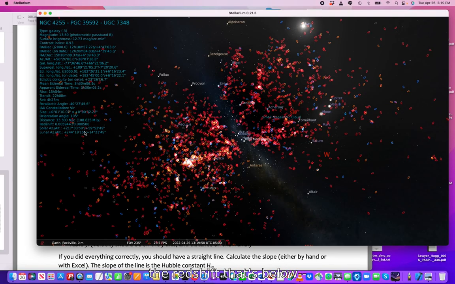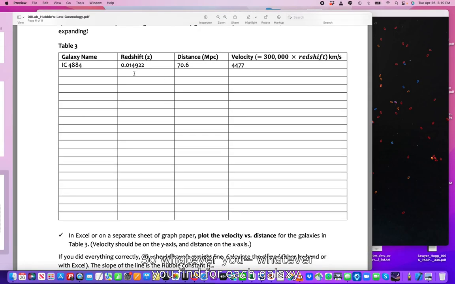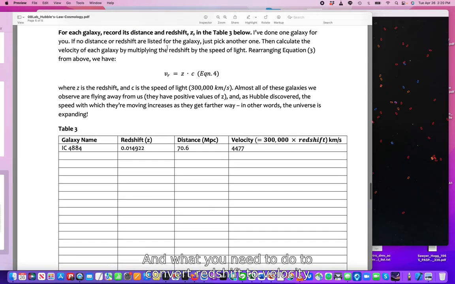That's typically below the distance right here. So whatever you find for each galaxy, write the redshift here. And what you need to do to convert redshift to velocity is to use this formula, which is explained in this lab as well as in the lecture.